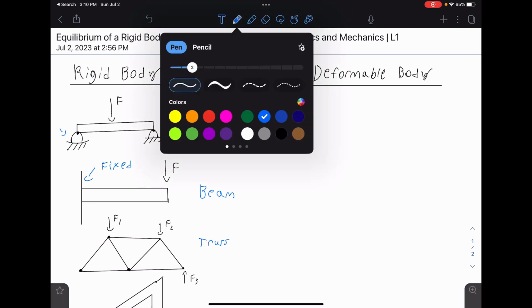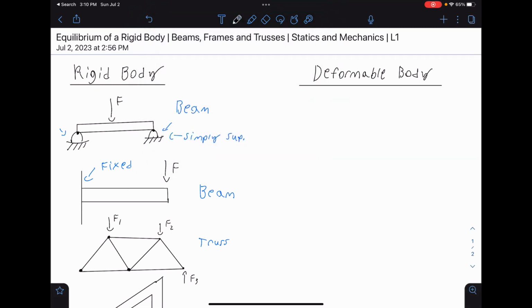So what is a deformable body? Well, a deformable body is something that changes shape as force is applied. There's not really many examples I can give you. Basically, everything changes shape as force is applied, but in physics, we like to think of ideal cases here.